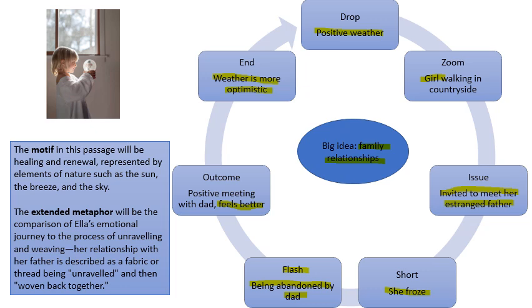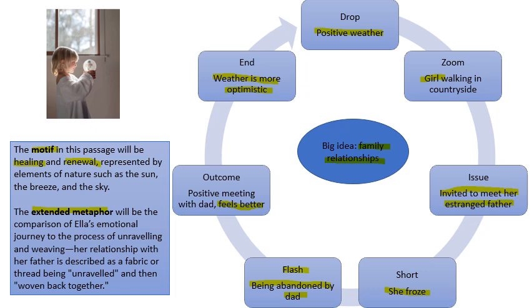You can see in the piece there's going to be a motif, and the motif is going to be healing and renewal. So there's going to be repeated references to nature, such as the sun, the breeze and the sky, to represent the healing of the girl. The extended metaphor is going to be linked to Ella's emotional journey.